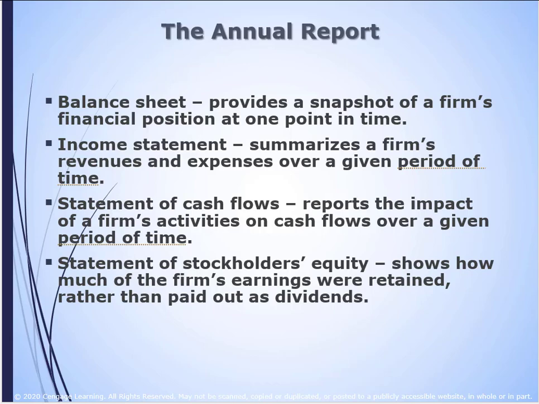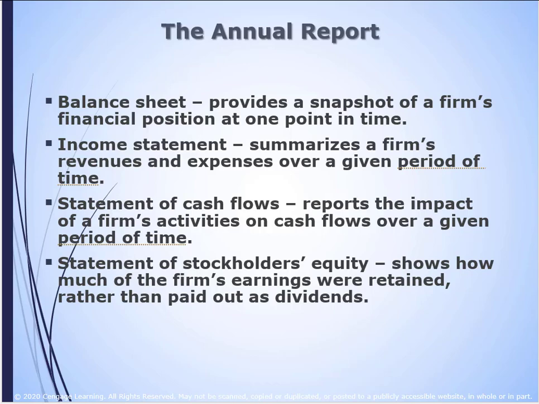Now, the last statement is called the Statement of Stockholders' Equity. It really is just a description of how profits are distributed. They are either distributed to shareholders in dividends or they're part of retained earnings. Many times this is actually just part of the income statement that's shown.